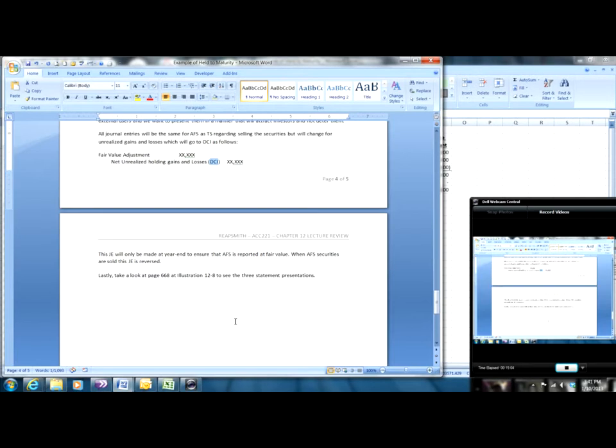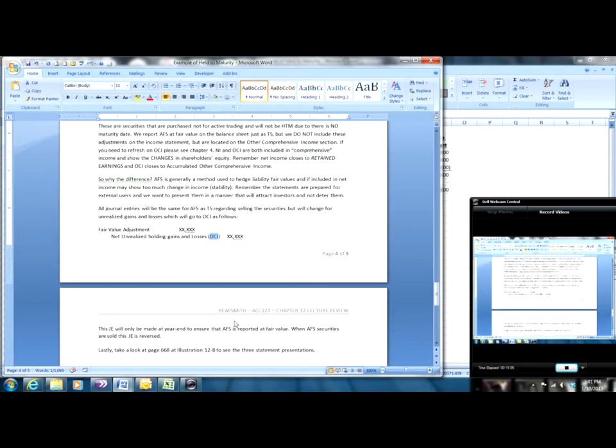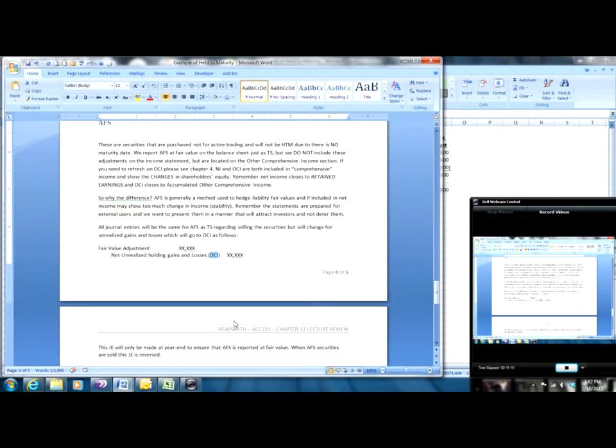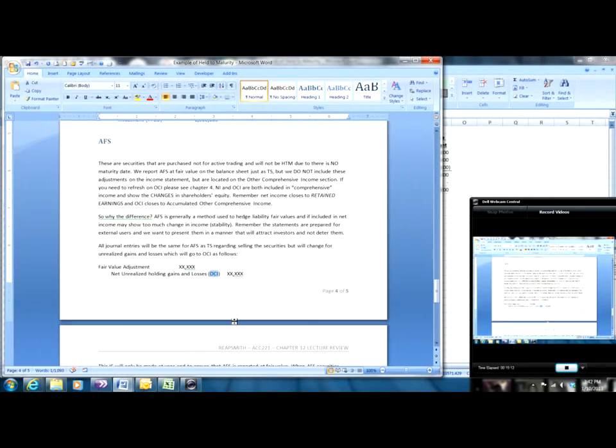I wanted to make just one more point about fair value adjustments. If we sell a trading security or an available for sale security and we have booked a fair value adjustment for unrealized gains and losses, then we need to reverse that.